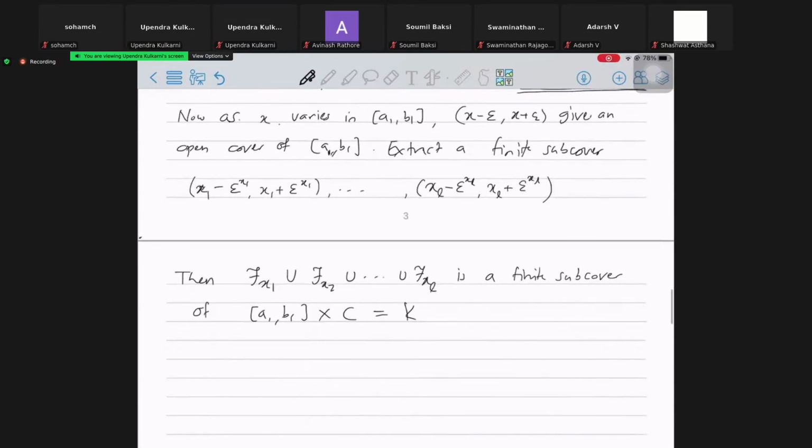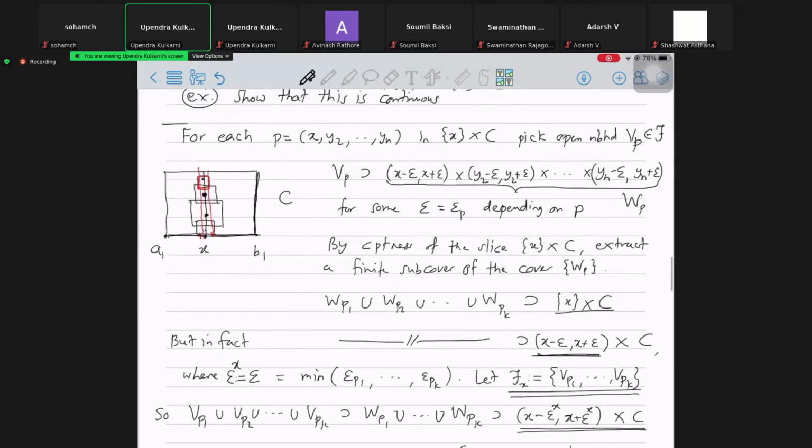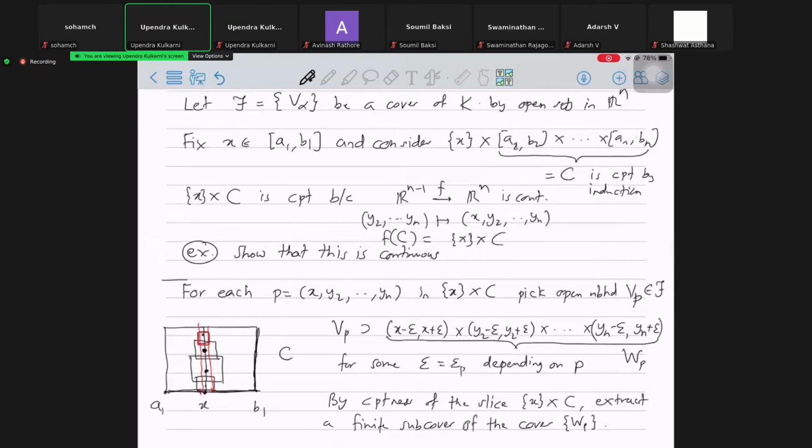Yes, sir, I understood. Okay. See, the proof is not difficult, but it is one of those proofs where you have to keep track of notation. So what I would suggest is that the basic idea of the proof is to use compactness both for C, that is the part from A2, B2 up to An, Bn, the product, and then separately use compactness in the remaining slot, the first slot.